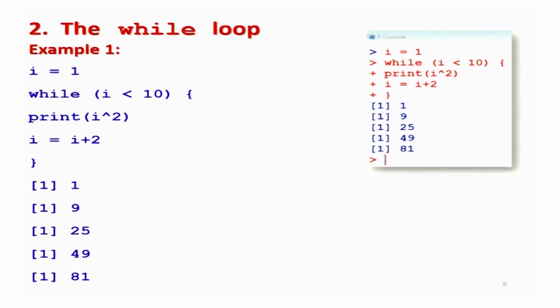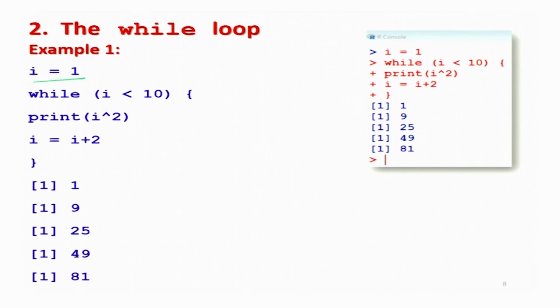So, here also I want to print some numbers. You may recall that in the case of the for loop we printed the numbers 1, 2, 3, 4, 5. So, I write here a command which can print all the integers which are smaller than 10.